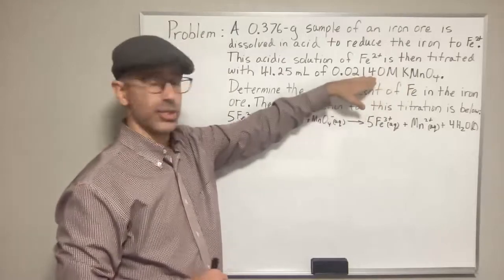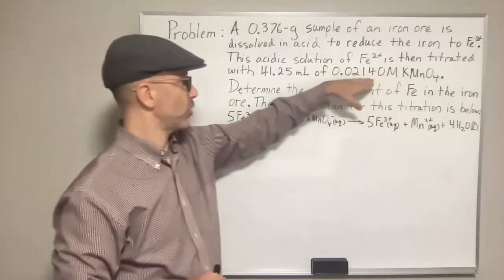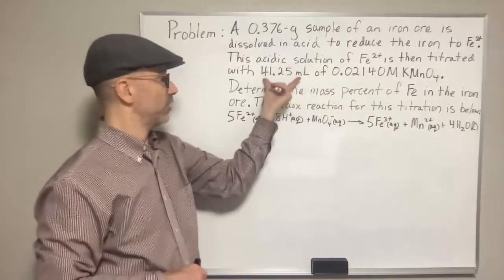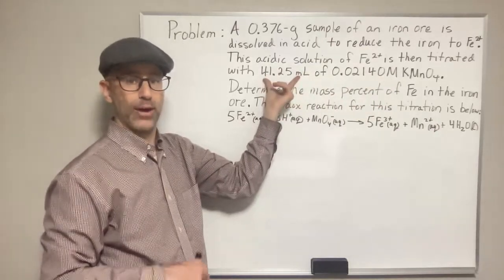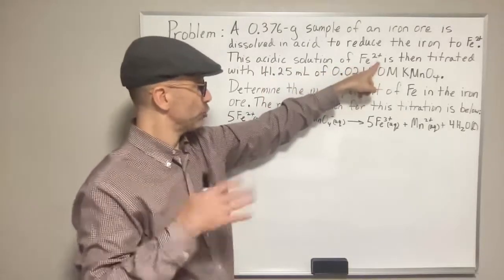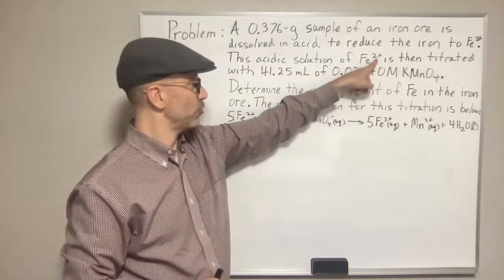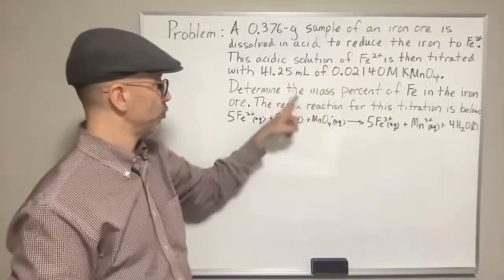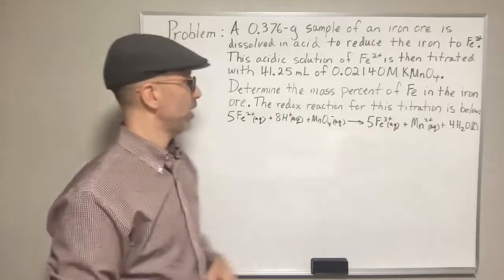So in a titration, you have this in the burette. You know the concentration, and this is the amount from the burette that you had to add to titrate all of your Fe2+. Basically, you converted all your Fe2+ to Fe3+.